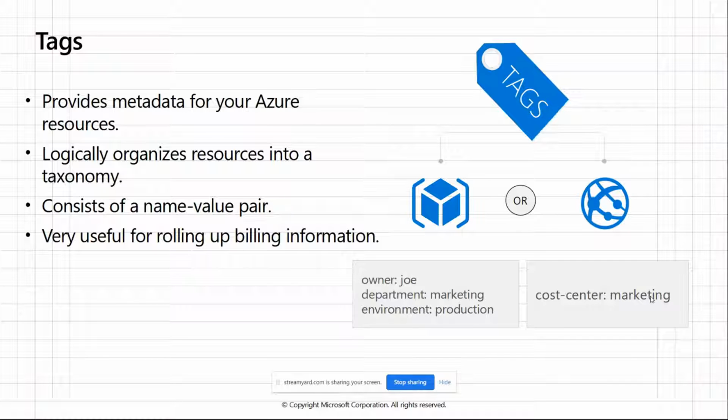This means that when you set up billing information, or set up alerts for bill information, you will be able to filter it easily based on the keyword, whether it is marketing or cost center, with all these terms, for the resources that you have created.